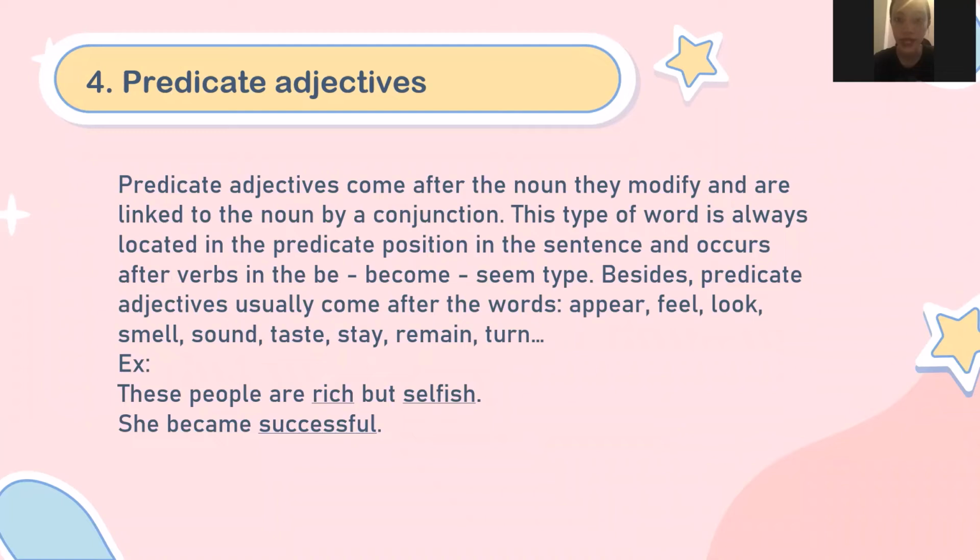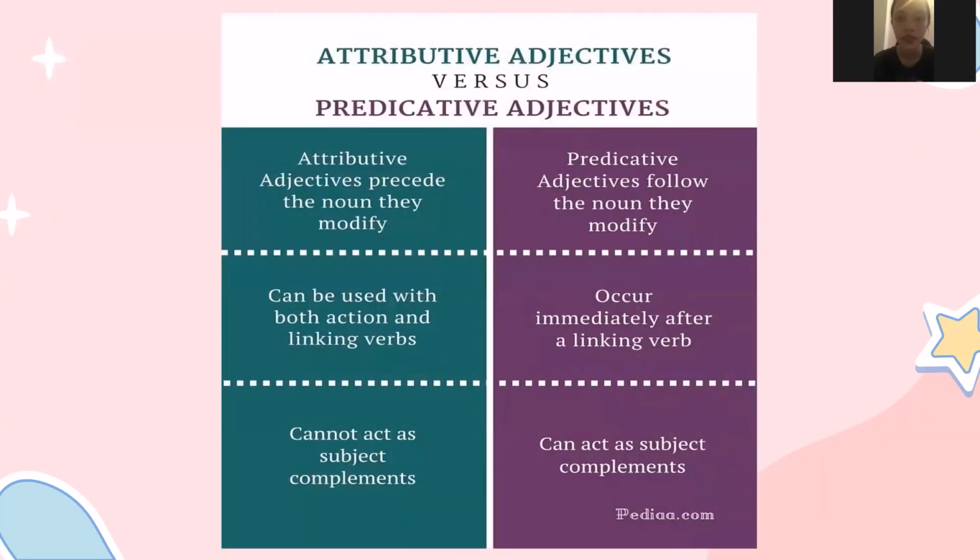Besides, predicate adjectives usually come after the words appear, feel, look, smell, sound, taste, stay, remain, and turn. For example, these people are rich but selfish. She becomes successful. Here is a comparison table between attributive adjectives and predicative adjectives.